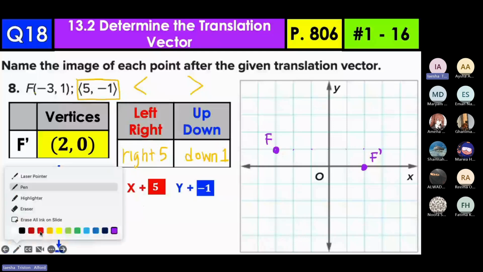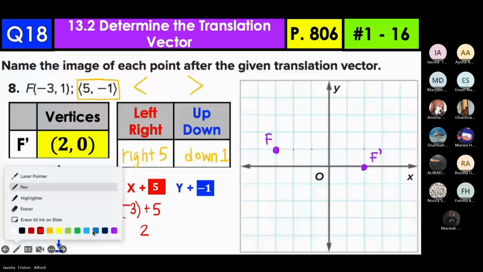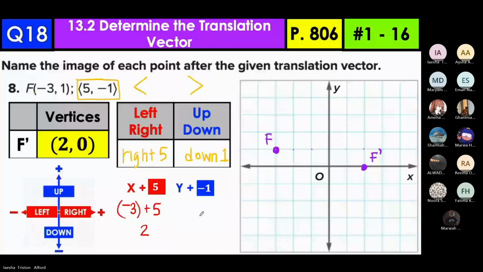What number is the X? -3. The X is -3. If you add 5, what answer do you get? -3 plus 5? Positive 2. What's the y number? This is x, this is y. What number is the y?